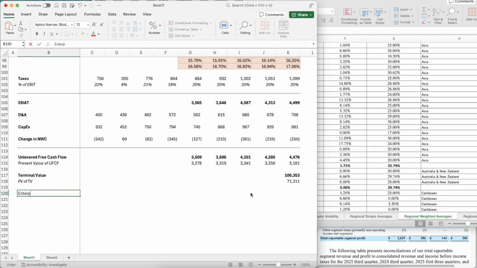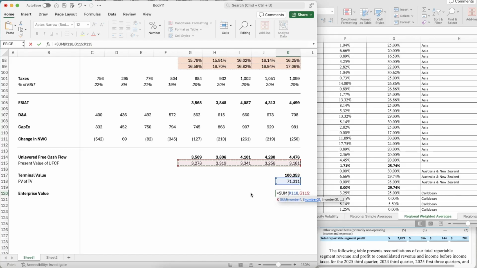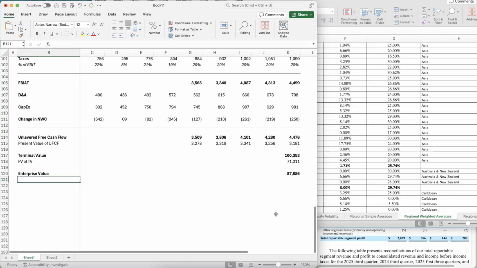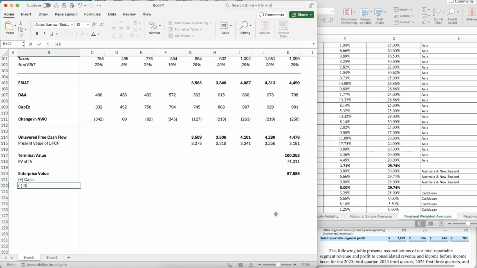This leads us to calculating the enterprise value. So all that is you just go equals sum, your present value of your terminal value, and all of these unlevered free cash flows that we've forecasted the present value, which gives us about 87.5 billion. We want to add the cash back in and subtract the debt.